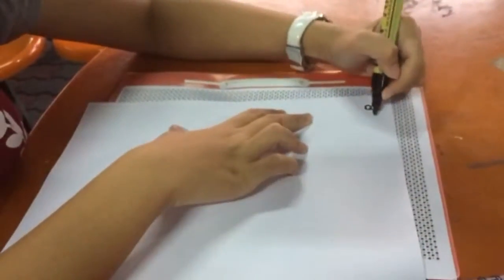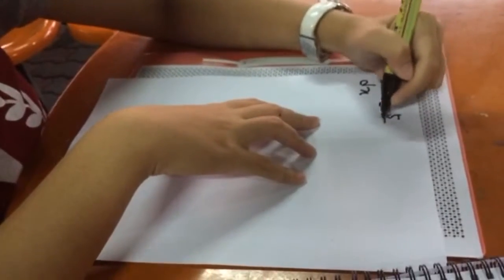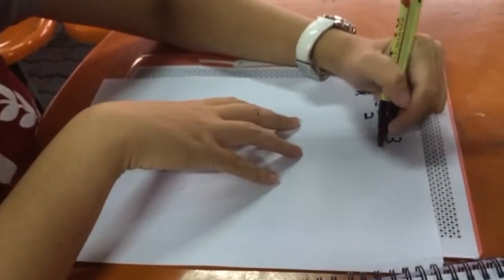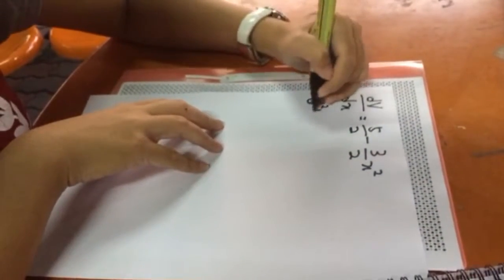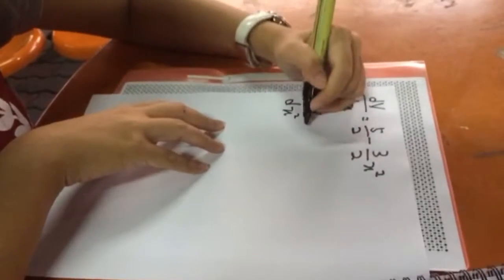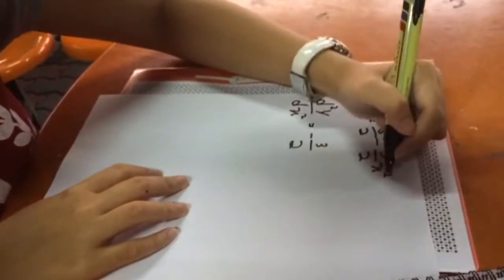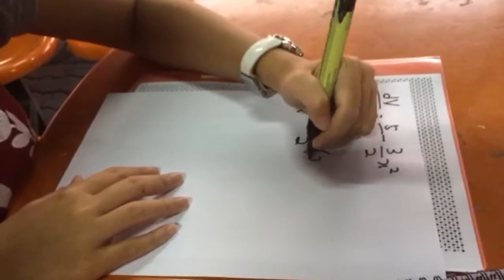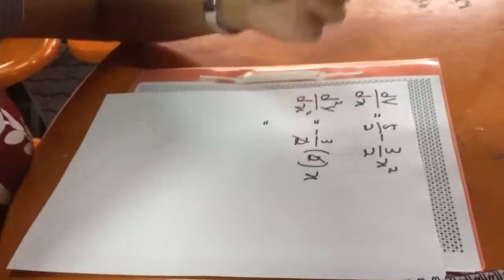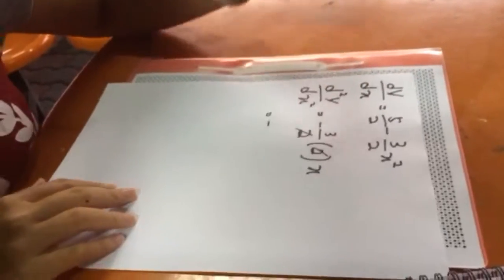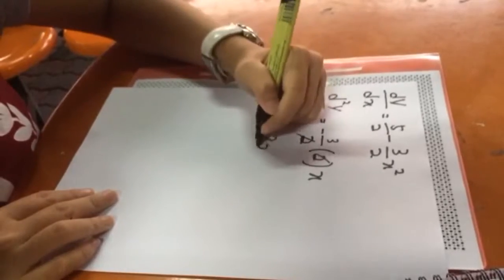From the result just now, the first derivative is 5 over 2 minus 3 over 2 x squared, and then the second derivative will be negative 3 over 2, with the 2 shifted to the front, times x, so the answer will be negative 3x.